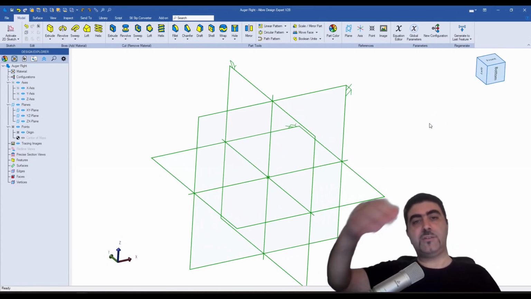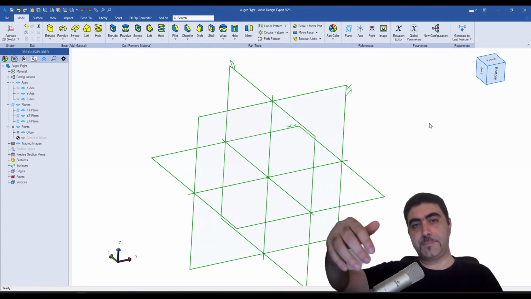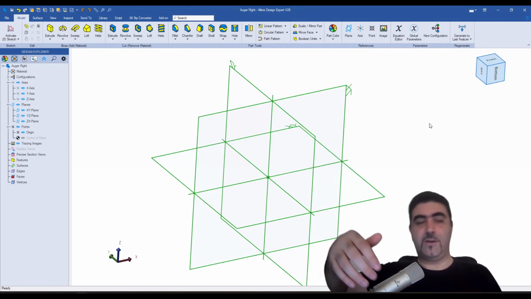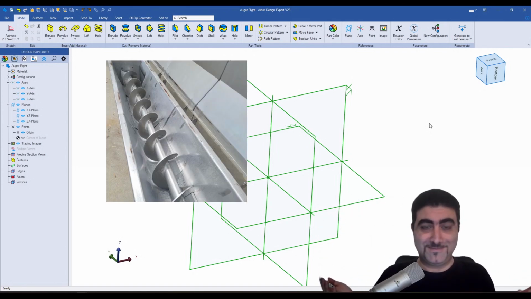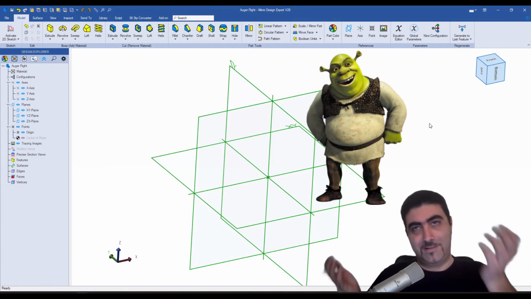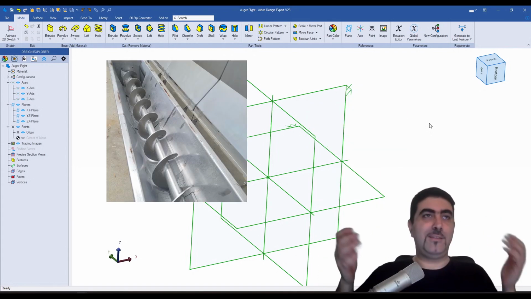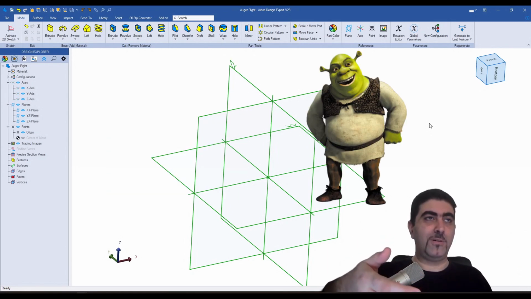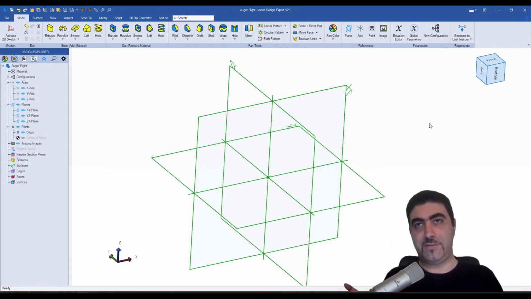So the flights of an Auger, not an ogre. I guess Auger and ogre are different.